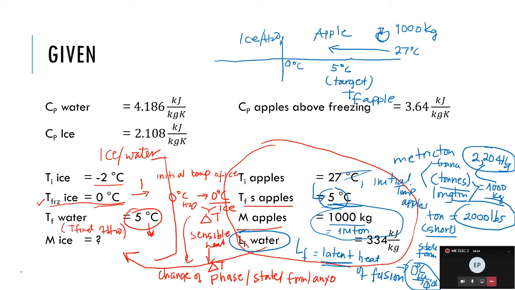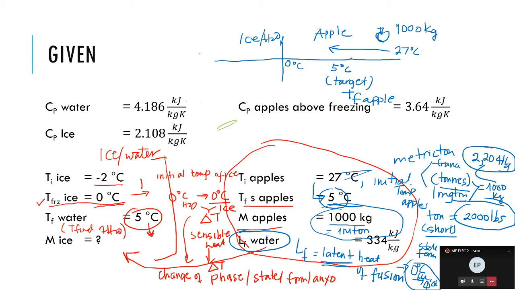For a change, we are done with the condition of the apple. Now we're going to explain the side of the ice. The ice is needed to cool down the apple. So here I have ice.